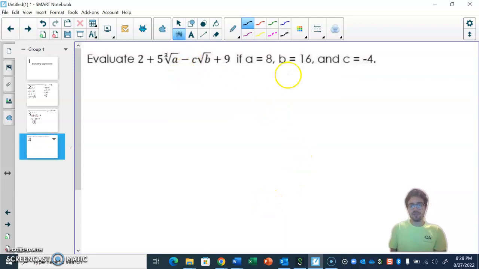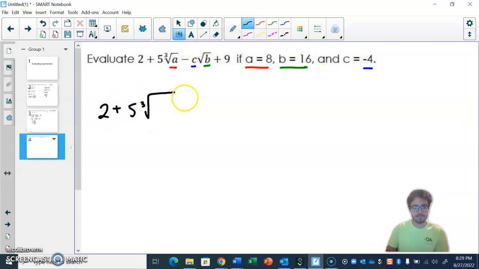Okay, here I have 3 different variables I have to put in. So I have my a, I have my b, and I have my c. I'm going to start off by substituting everything. So my a is 8.